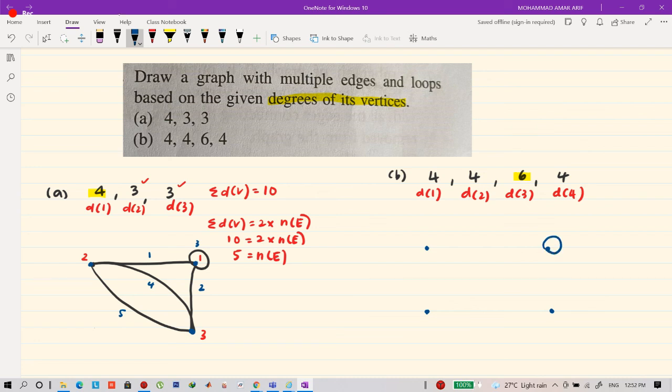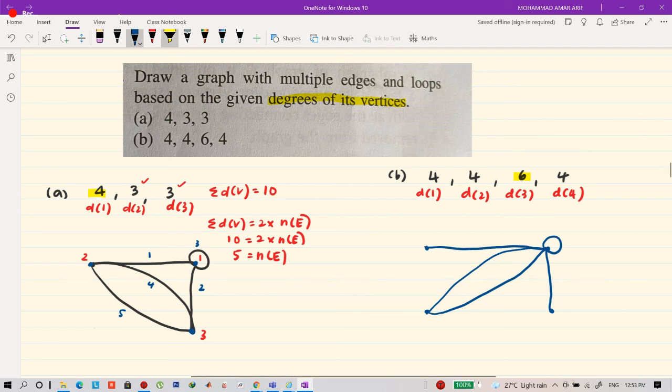Lepas tu saya akan buat saya punya multiple edges. So sini dan sini. So this is 2 dan 4. Lepas tu saya connectkan point ni ke sini and then point ni ke sini. So this point is consider 6 dia punya vertices. So this is point 3.